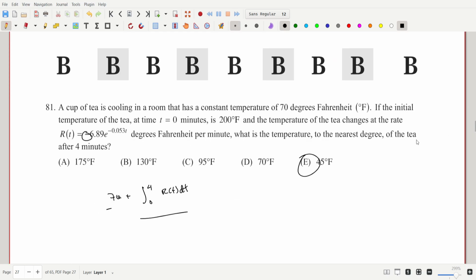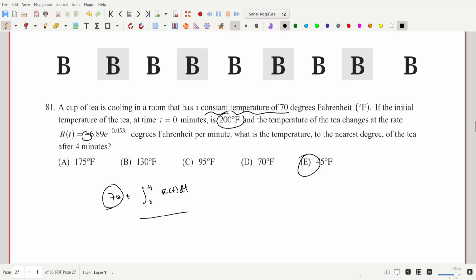Oh, really? Oh, shoot. I just didn't read it closely enough, did I? Yeah, I said 70 plus, but that's the constant temperature of the room.